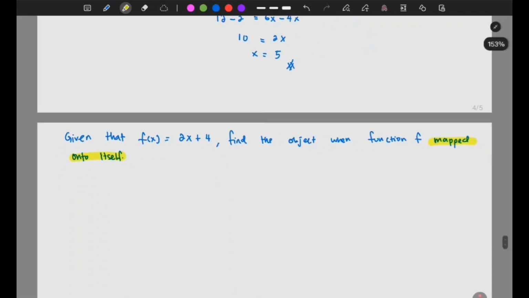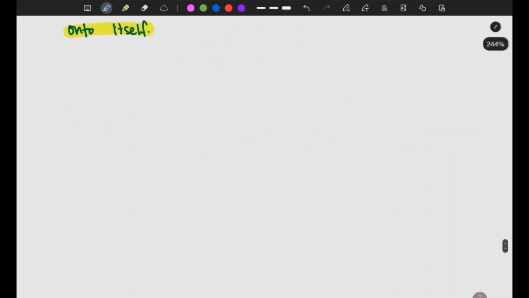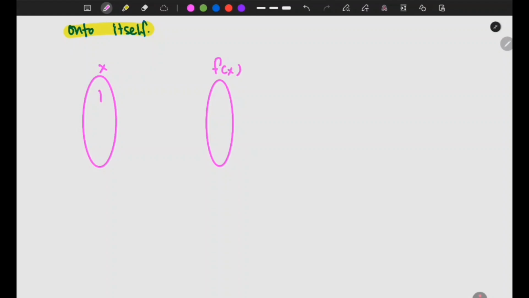The verb map itself, what does this mean? Let me explain using the arrow diagram. Map onto itself means your x and your f(x) are the same. For example, I have a 1 and I cross the bridge f, it will still be 1.